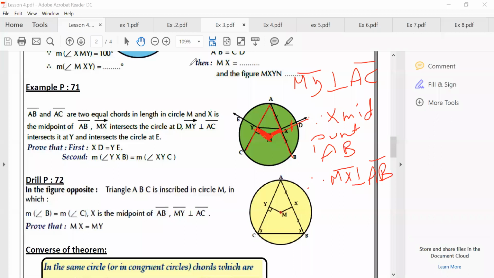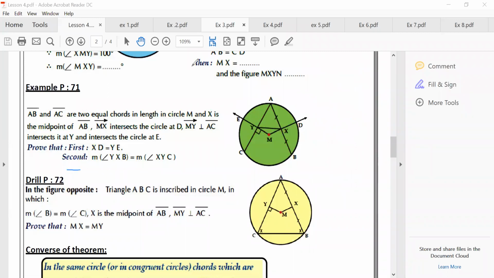I want to prove that XD equals EY, the other part. Since MD and ME are two radii in the circle, by subtraction, as we have proved that MX and MY are equal, these two parts, XD will be equal to EY.